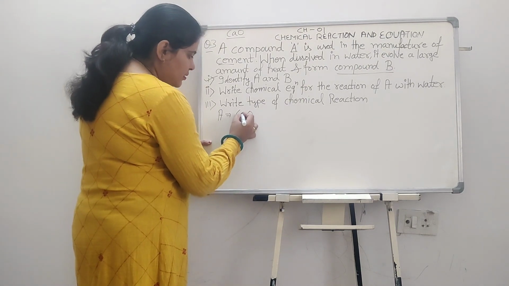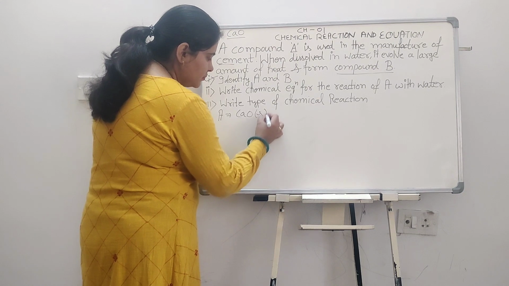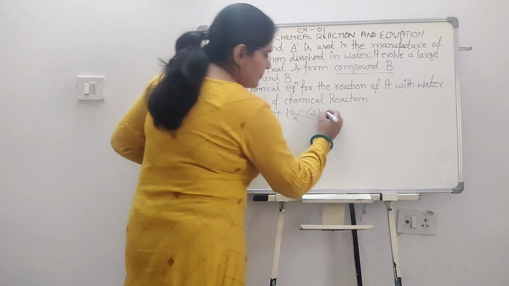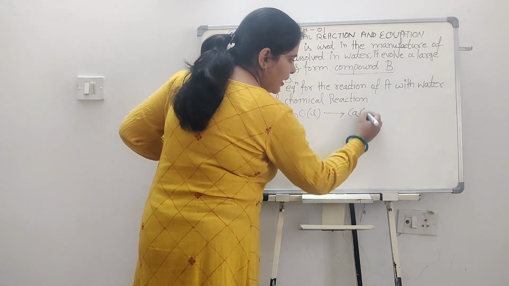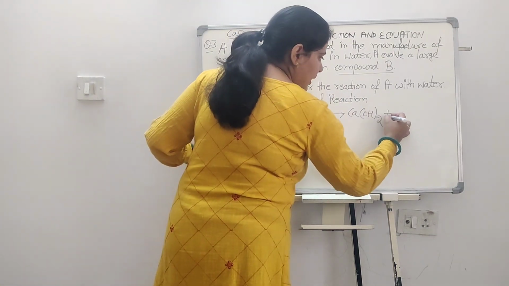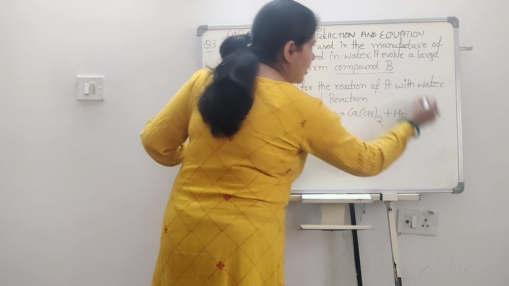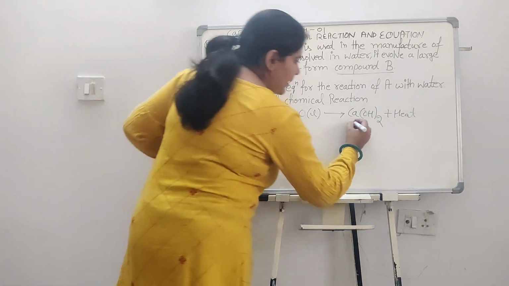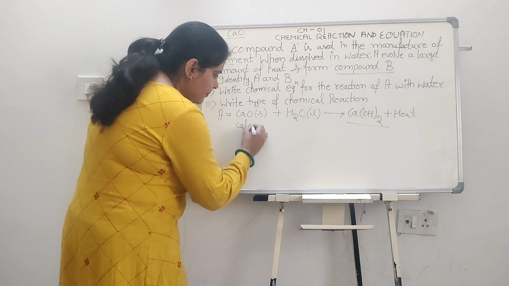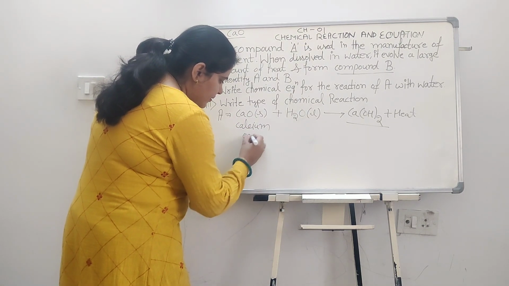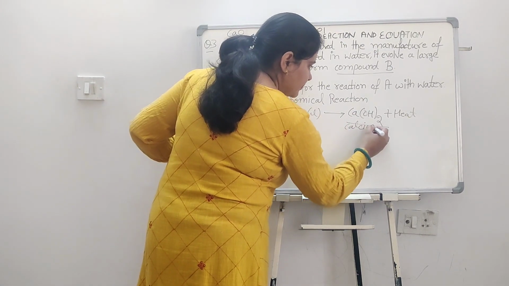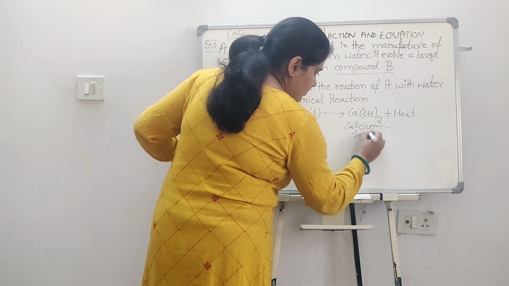When you dissolve calcium oxide in water, a reaction takes place and it forms calcium hydroxide, Ca(OH)2, along with a large amount of heat. So compound B is calcium hydroxide. Compound A is calcium oxide and this is calcium hydroxide.